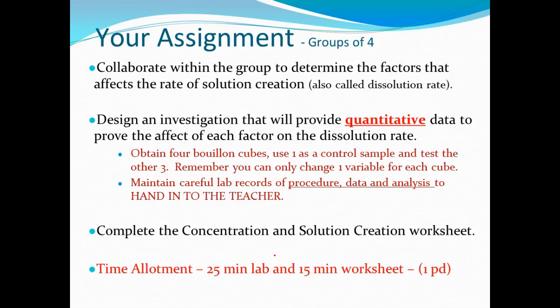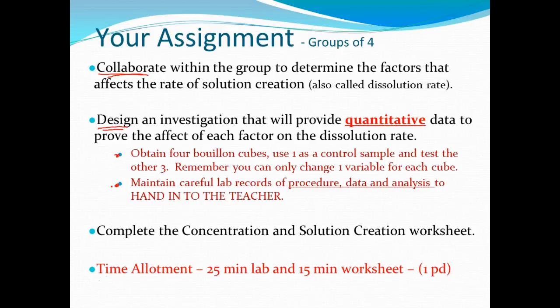So your assignment is going to be to collaborate with a group to determine what factors will make something dissolve quicker. Then you will design an investigation using 4 Boyden cubes. And you're going to make careful lab records of your procedure, your data, and your analysis.